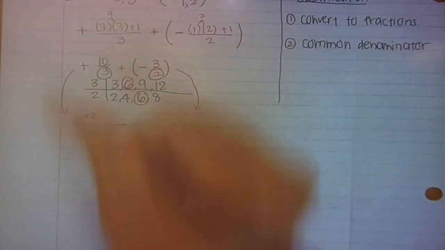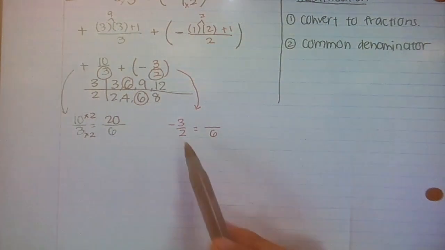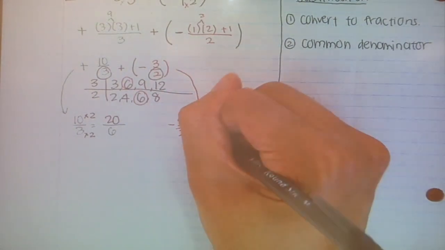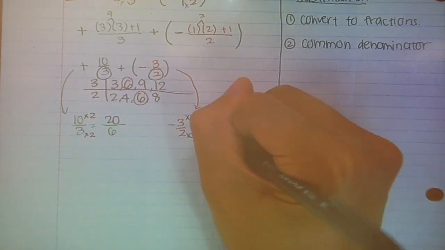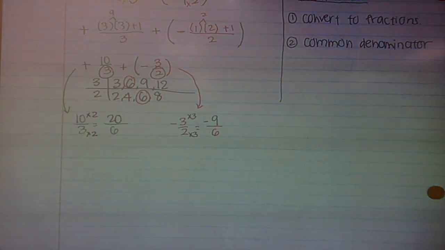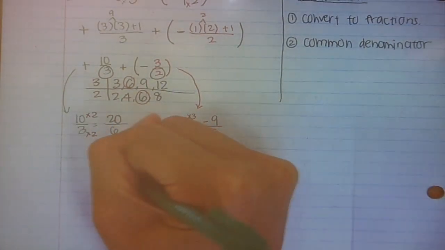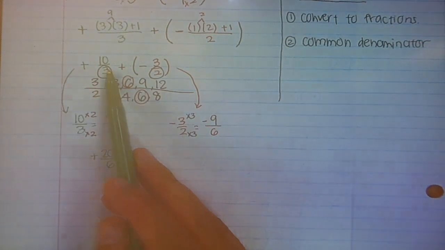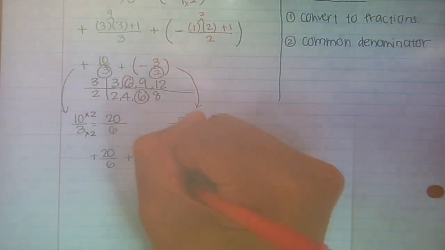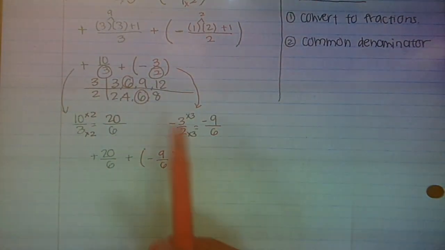So 10 times 2 is 20. And 2 times something is 6, 2 times 3 is 6, and 3 times 3 is 9, so this is negative 9. So if I rewrite my new fractions, I have positive 20 over 6, it's positive because this one is positive, plus a negative 9 over 6, and that's negative because this one is negative.